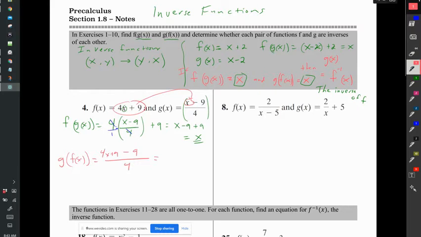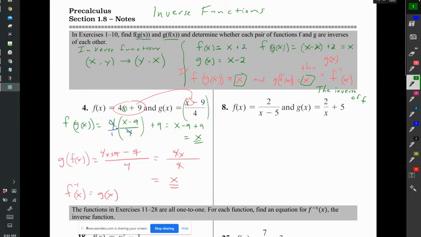And if I work that out, I'm going to get 4x, but the 9's canceling out, so I have 4x divided by 4. No more addition subtraction, so I'm legally allowed to cancel those 4's now, and I've got x. Okay, because those both work, I know that f inverse is equal to g of x. Okay, so that's what the work looks like for those guys. It's a little bit tedious, but what we're just saying is those are inverse functions.